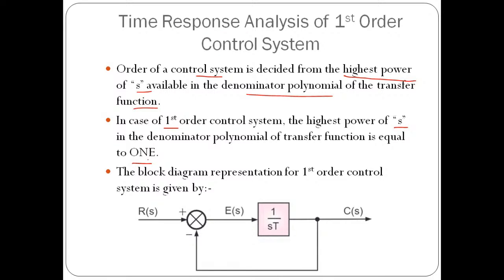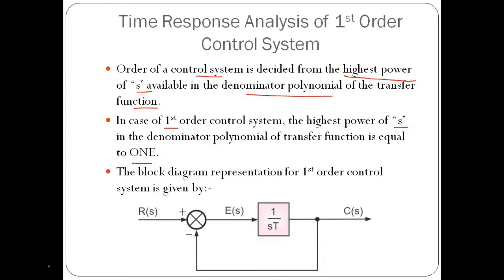Because if you apply block diagram reduction technique or elimination of closed loop over here, and if you try to calculate the transfer function for this system, if you compare the denominator polynomial function of that system, you will find that there will be only one power of s available in the denominator. That means the highest power of s available in the denominator polynomial function of this particular system is 1. That's why you will get this particular system as first order control system.